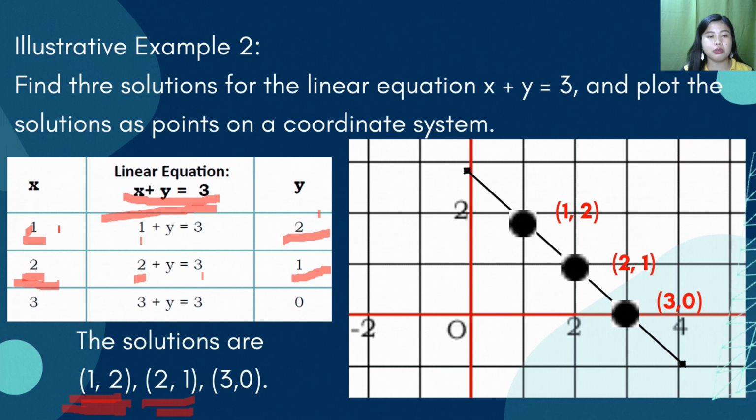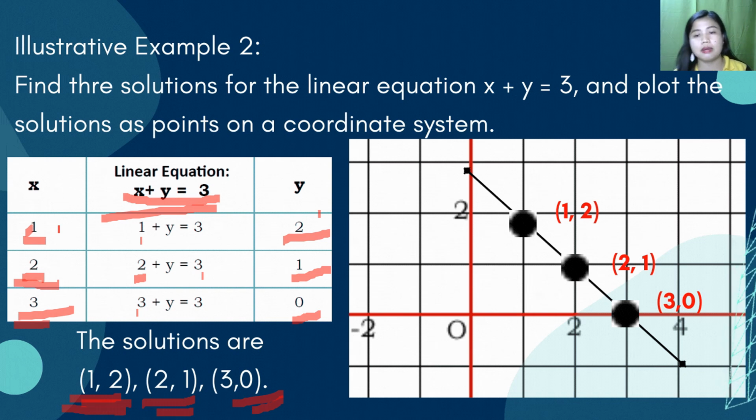Next, what if our x is 3? 3 + y = 3. What will you add to 3 to get 3? Of course, 0. So the third solution is (3, 0). Take note, there are infinite solutions in a given linear equation in two variables.